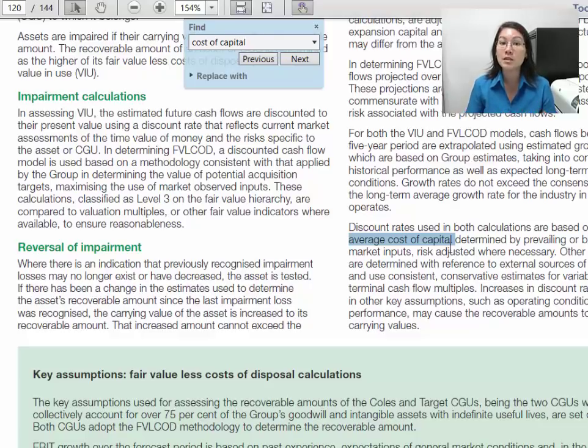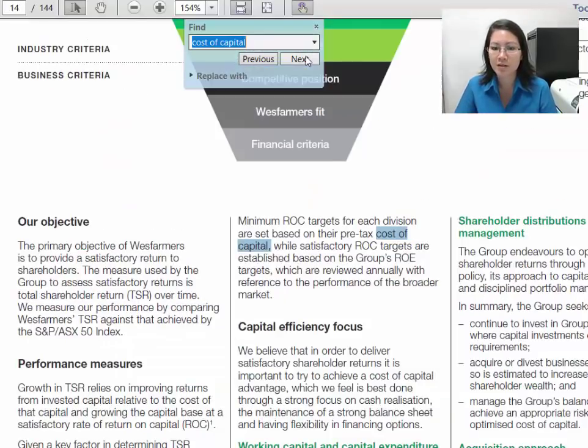They might call it a discount rate, or a capital investment rate, or a capital cost. So they're the main terms that I can think of off the top of my head that they might call them. But essentially it's the cost of using capital or funds to fund their assets.